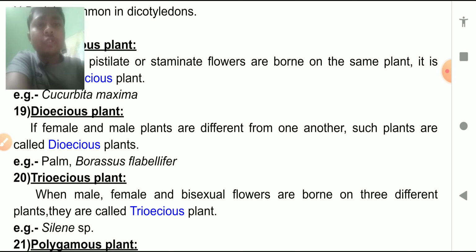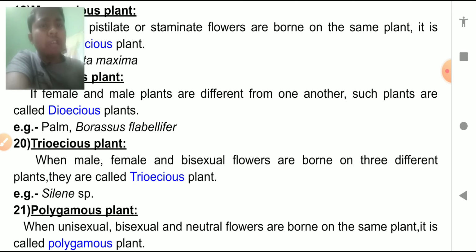Now next we talk about the trioecious plant. From the terminology you can connect it: tri means 3. When male, female and bisexual flowers are borne on 3 different plants, with male flowers on a separate plant, female flowers on a separate plant, and bisexual flowers, meaning both male and female in the same flower, on another plant, then it is called a trioecious plant.